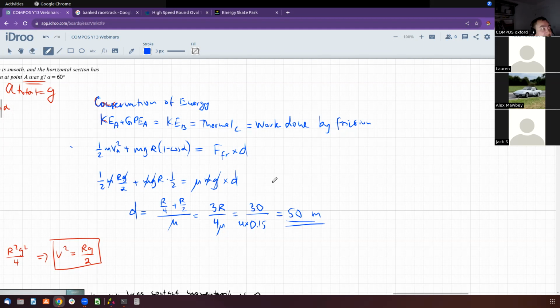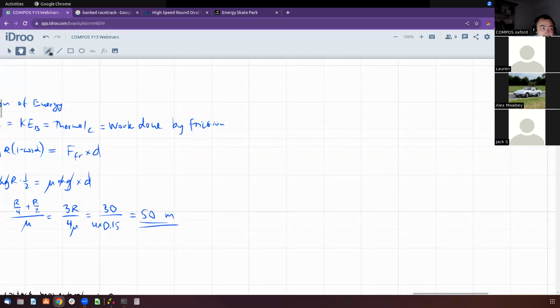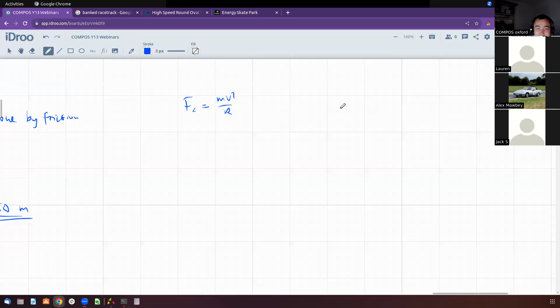Resolve forces, and you'll get an expression containing v squared because one of the forces is centripetal force, and centripetal force is mv squared over r. And then conveniently use conservation of energy, which has 1/2 mv squared, which is already present here. So that makes life easier.